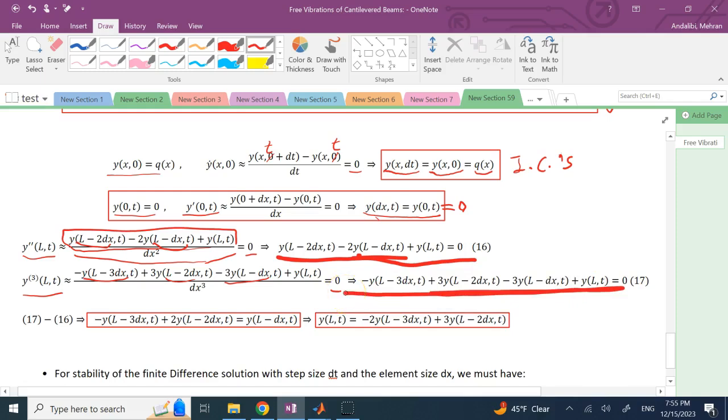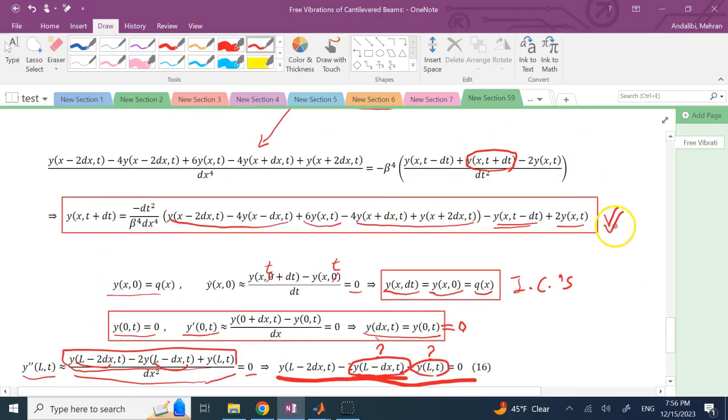If you look at these two equations, 16 and 17, what are the unknowns here? Well, the unknowns are the deflection at L and the deflection at L minus dx, the node before L. For these two nodes, I cannot use the update formula. Why not?